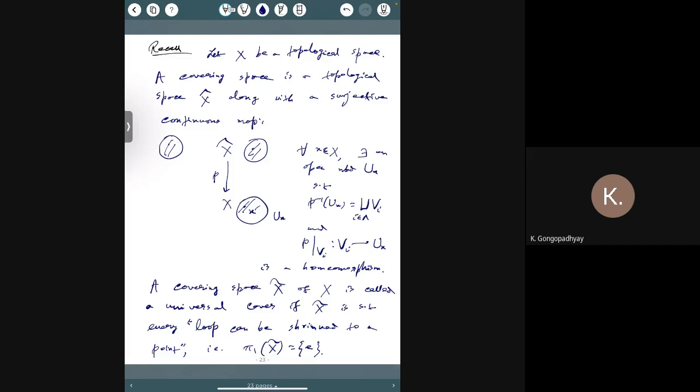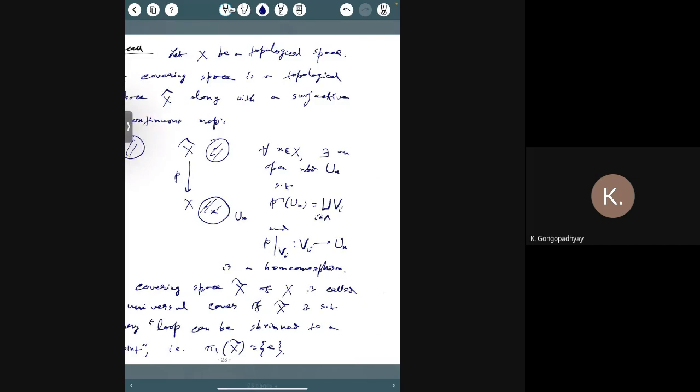Now the covering map I mentioned yesterday comes from a group action. You have H2 and you have H2 mod gamma.